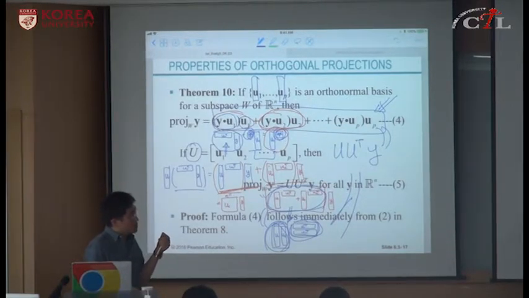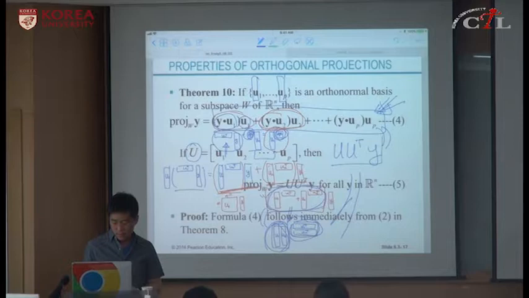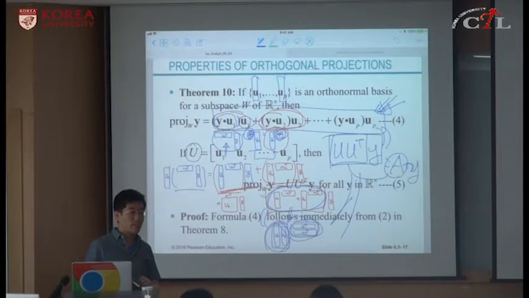When you have an orthonormal basis, this orthogonal projection is simply represented in this form, and it can also be viewed as a matrix and vector multiplication, where this A is U and U transpose, right?